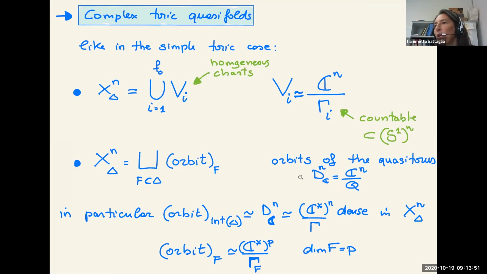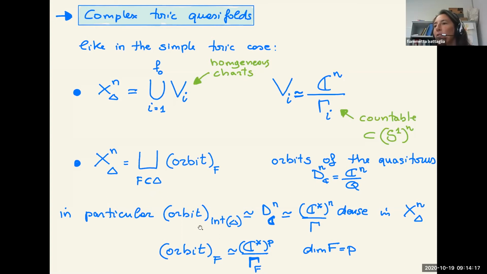She already went through what a quasilattice, a quasitorus, and so on are. These are all objects that she introduced. So X_Δ is this disjoint union of orbits of the complex quasitorus.